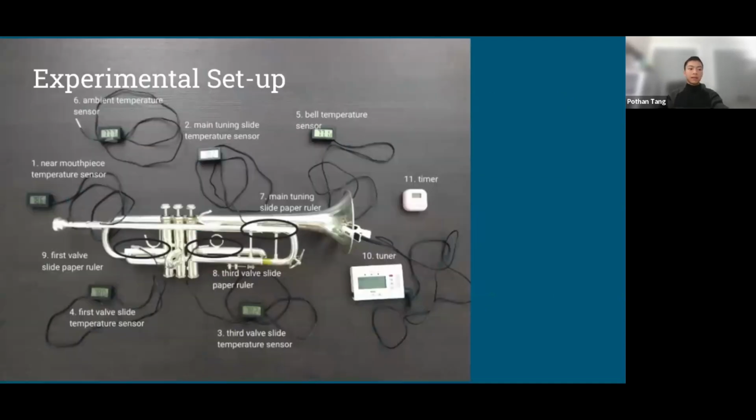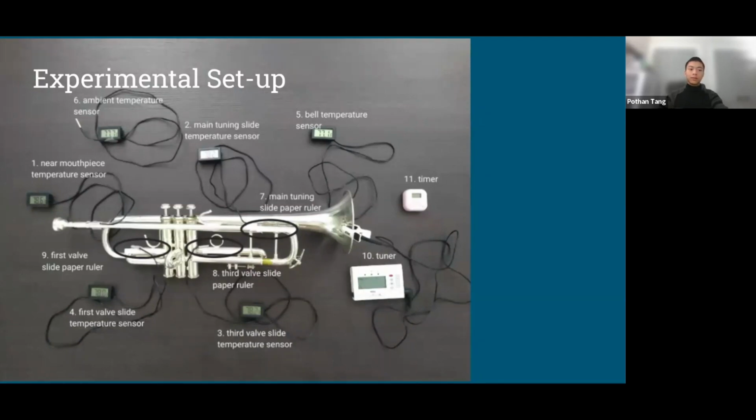Here is a schematic of the experimental setup used in this experiment. A standard Bach B-flat trumpet with Bach 3C mouthpiece was being played on. 5 thermometers with probes were rotated to the respective locations on the trumpet to measure the temperature distribution.